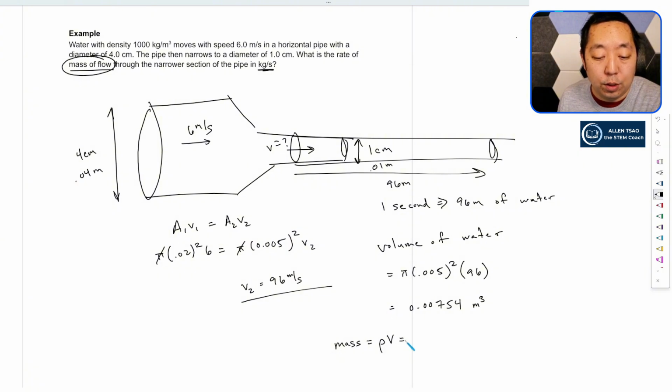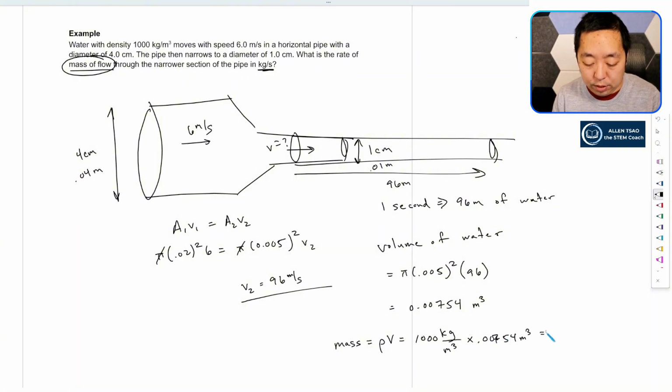Density times the volume. So we're going to multiply by 1,000, and you can always do a unit check: kilograms per meter cubed times the volume in cubic meters, and you get kilograms, right? So multiply this by 1,000. We're going to get 7.5 kilograms.